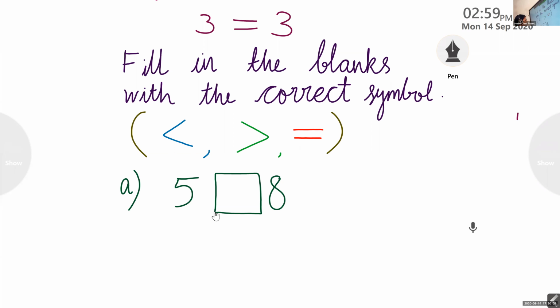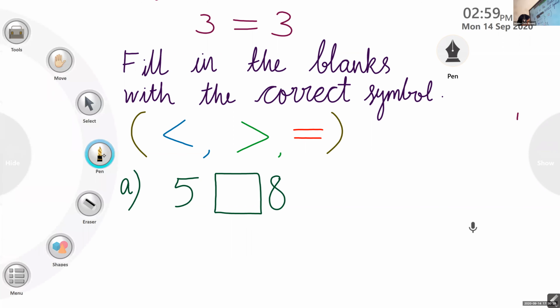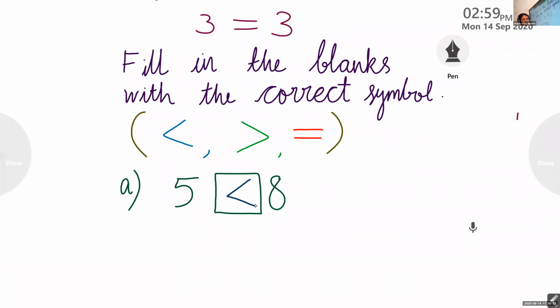So 5 and 8, which is a bigger number? 8. Very good. So that side, the mouth of the fish will be open towards the bigger number.